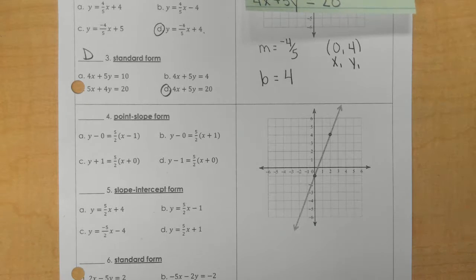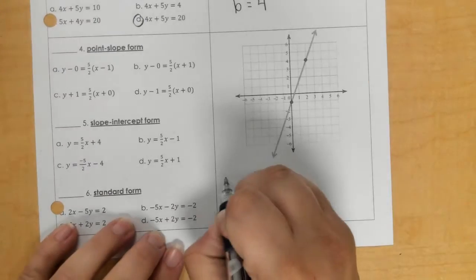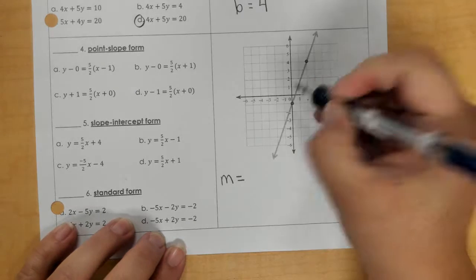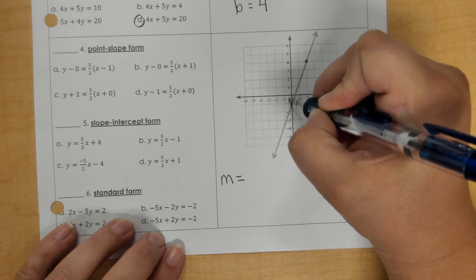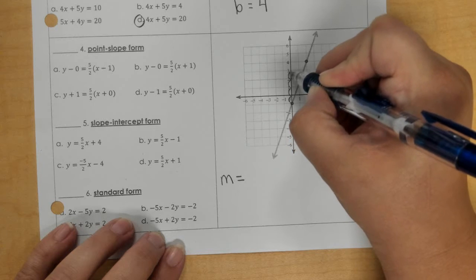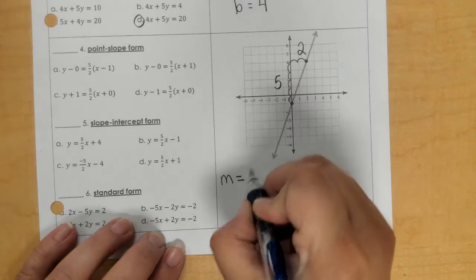Again, we have to find all that same information. So first, let's find our slope. How do we get from here to here? We have to rise 1, 2, 3, 4, 5. We have to run 2.